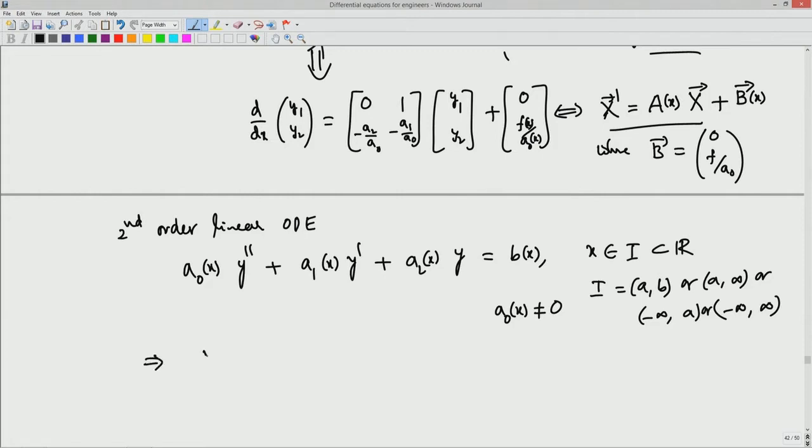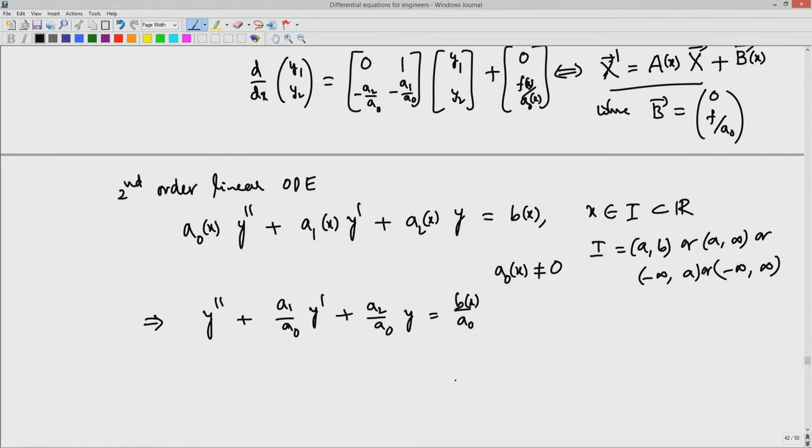Because this is non-zero, I can rewrite: y double dash plus a1 by a naught into y dash plus a2 by a naught into y equal to b x by a naught, where a naught, a1, a2, b are all given functions. This is equivalent to saying y double dash plus p x y dash plus q x y equal to R x, where R x is b by a naught, and x belongs to I.